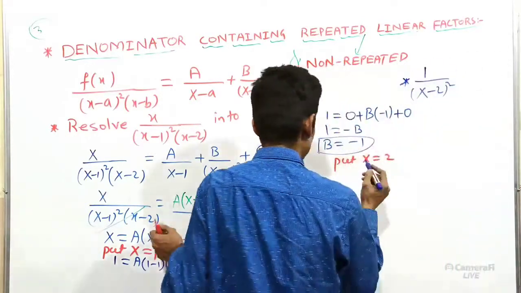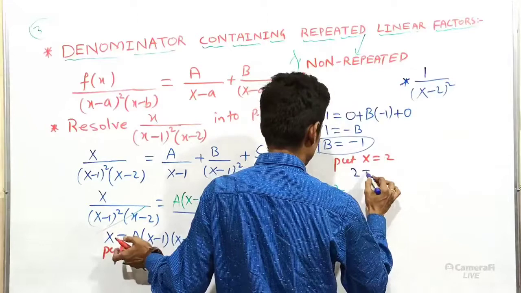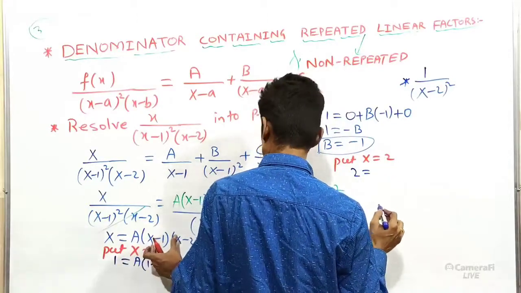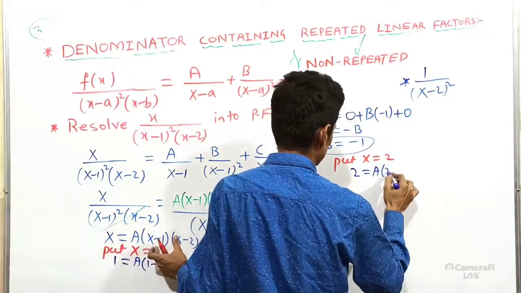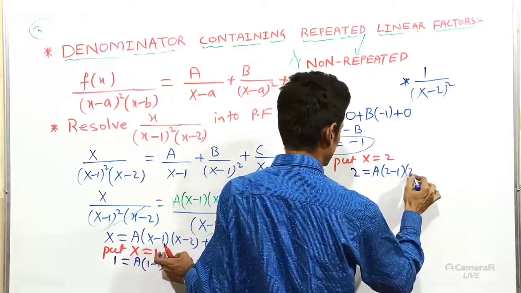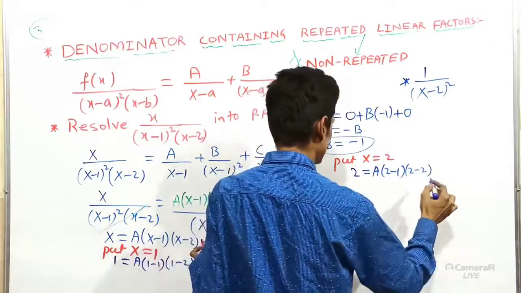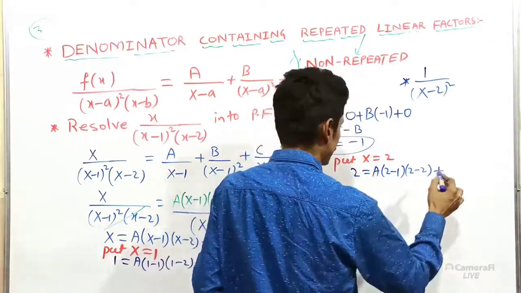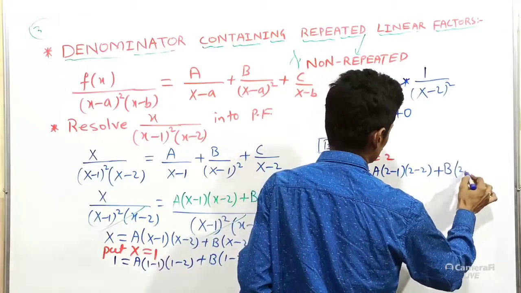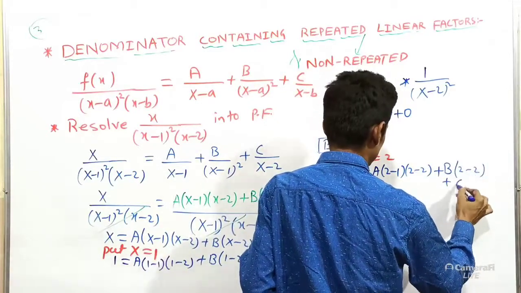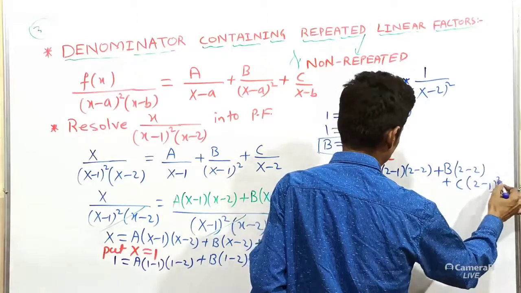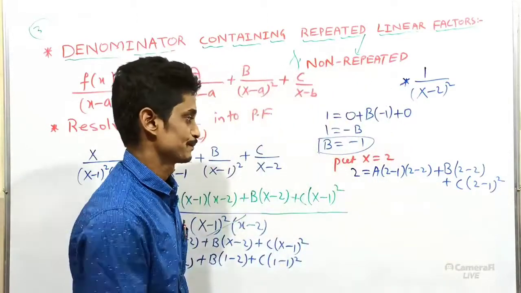Let us see. LHS part, x equal to 2. RHS part: a into 2 minus 1 into 2 minus 2, plus this side b into 2 minus 2, plus c into 2 minus 1 whole square.